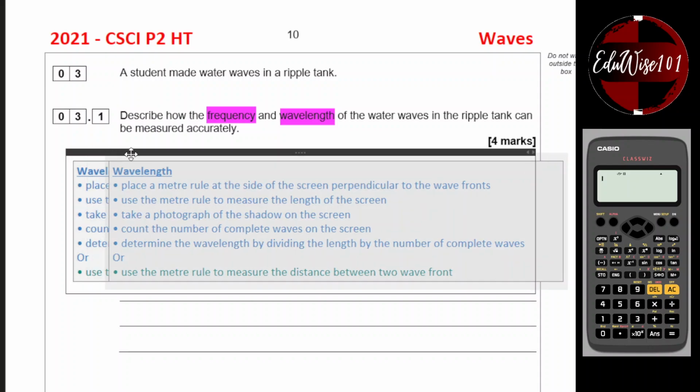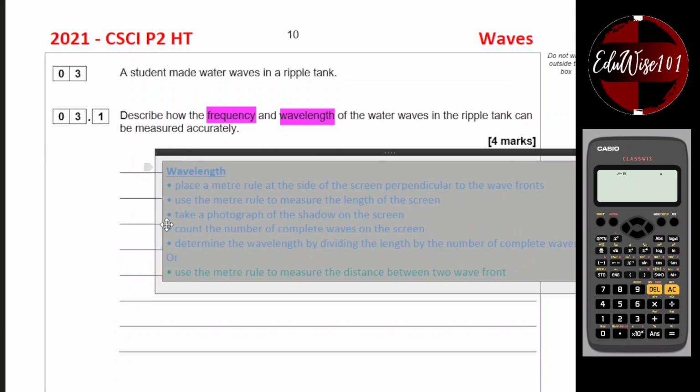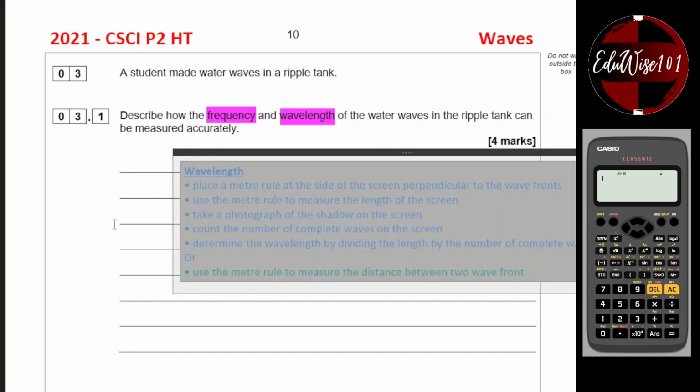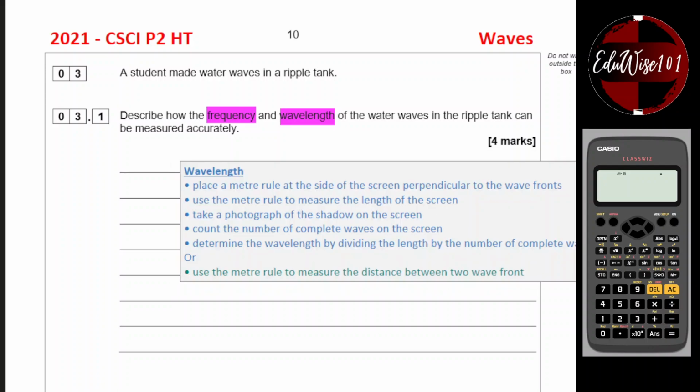Let's say these lines that you're seeing here are the wavefronts that you would normally see in the ripple tank. You're going to put a ruler there and measure the distance from that wavefront to this wavefront.